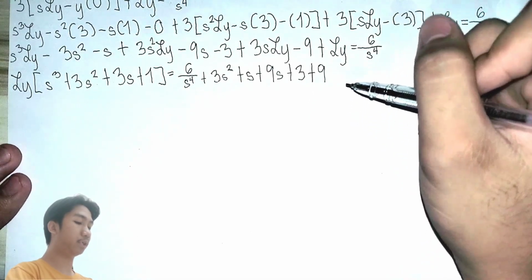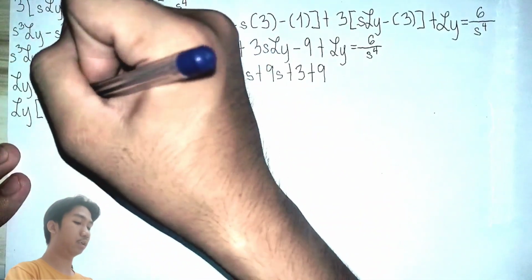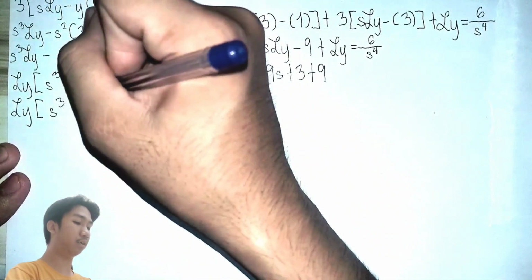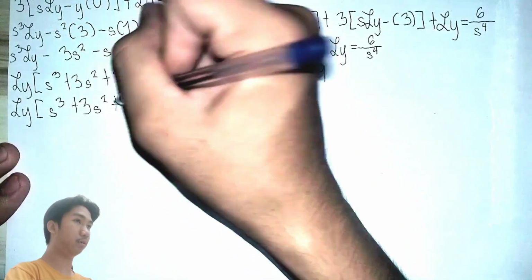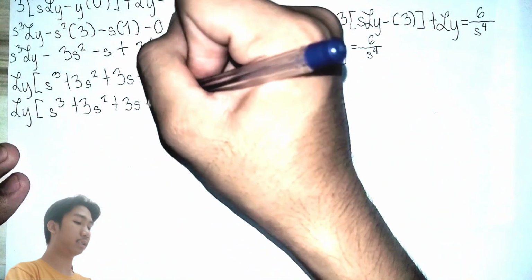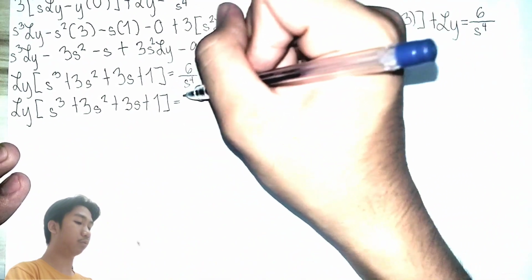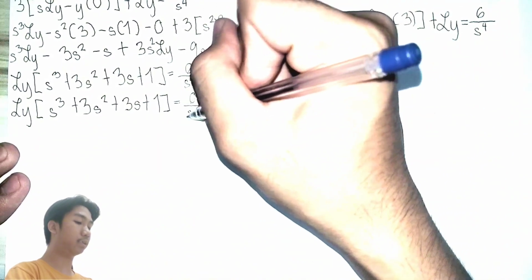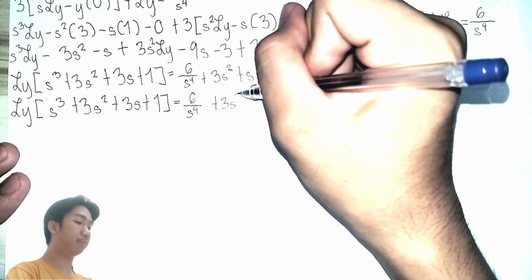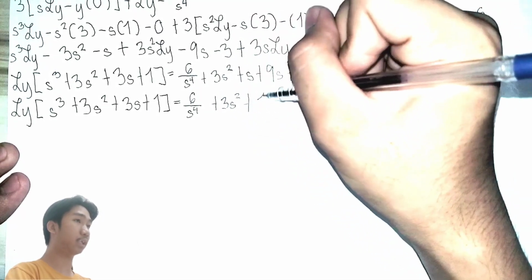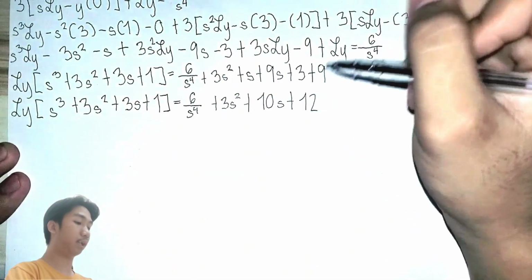We simplify further the right side of the whole equation. That will be the Laplace of y times s cubed plus 3s squared plus 3s plus 1 is equal to 6 over s raised to 4 plus 3s squared plus 10s, because of 9s plus s, plus 12, because of 3 plus 9.